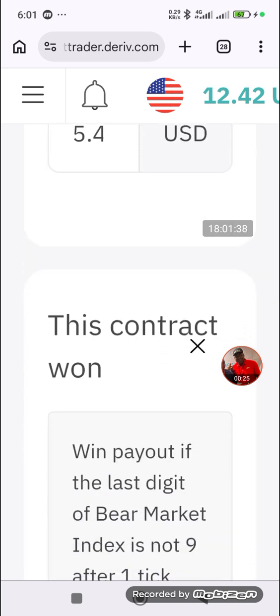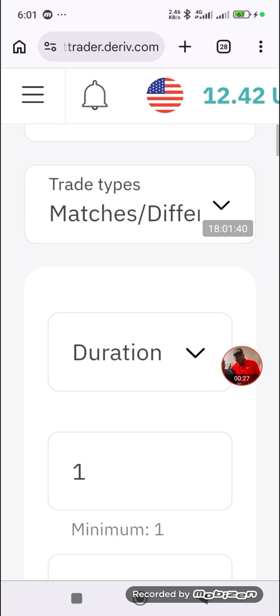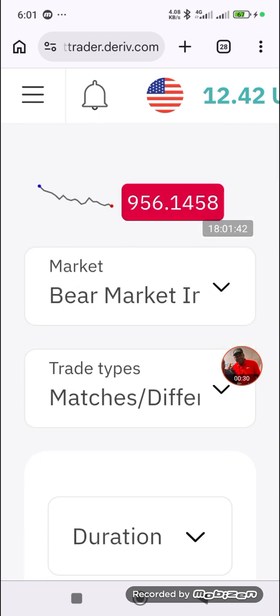Now, the reason you are not seeing the process of how I make this trade is because it actually takes a lot of time.